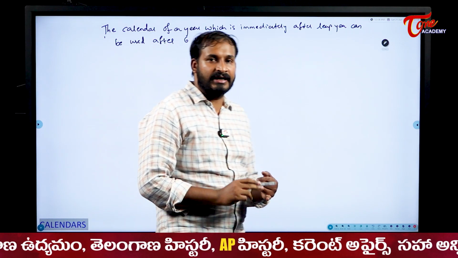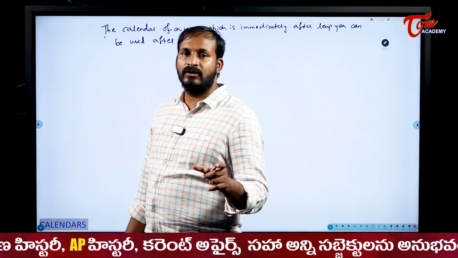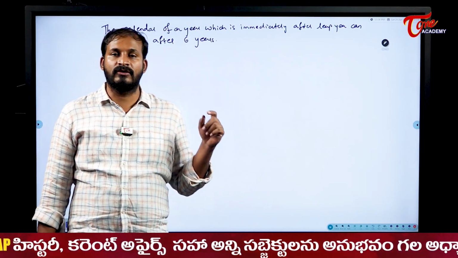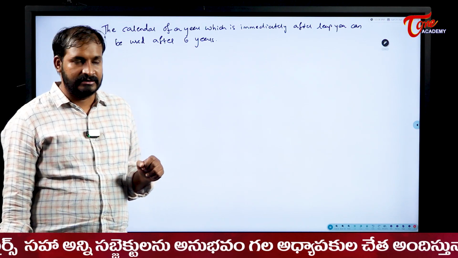That means 2013, which is immediately after leap year, that is 2012. So 2013 I can use it after how many years? 2013 plus 6, 2019. I can use it in the year 2019, like that.